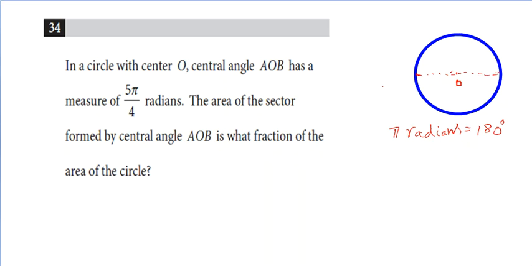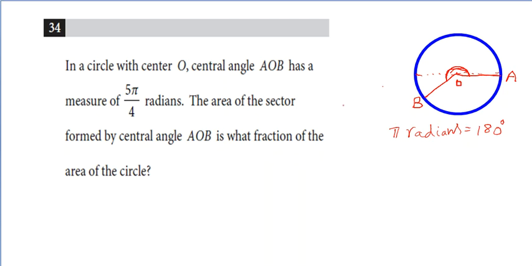So this would be about 180 degrees, but that's not what we are being asked, and we are saying it's 5 pi by 4. So that would be something like this. This is the angle. So if this is A, O, B, this whole thing has the 5 pi by 4 radians.